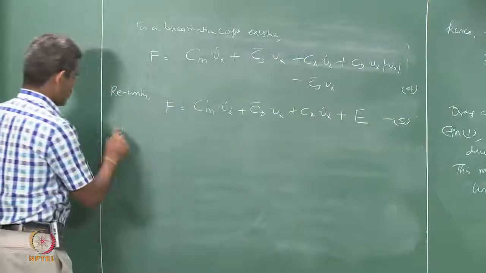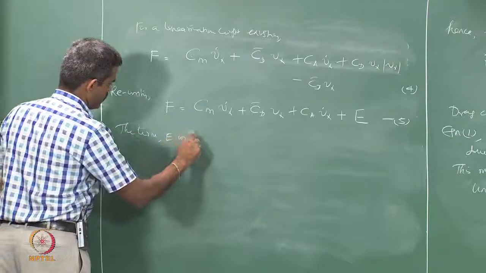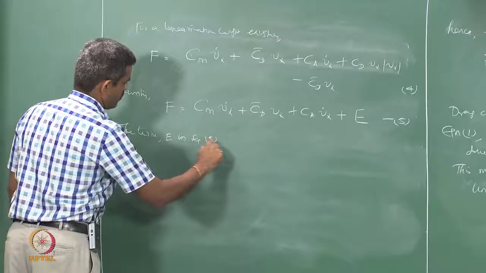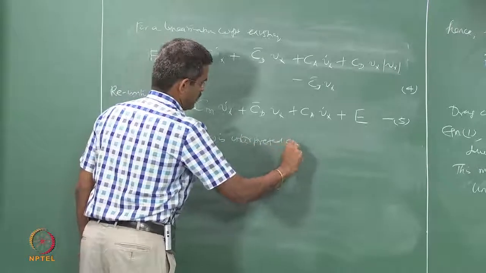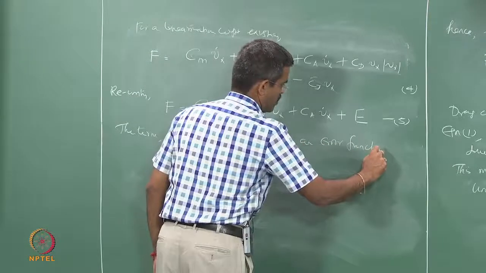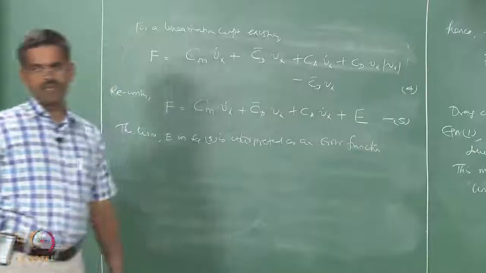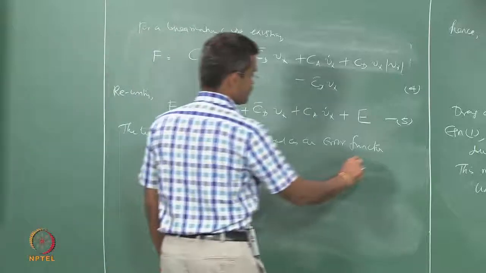The term E in equation 5 is interpreted as an error function, which needs to be minimized to make the equation accurate.